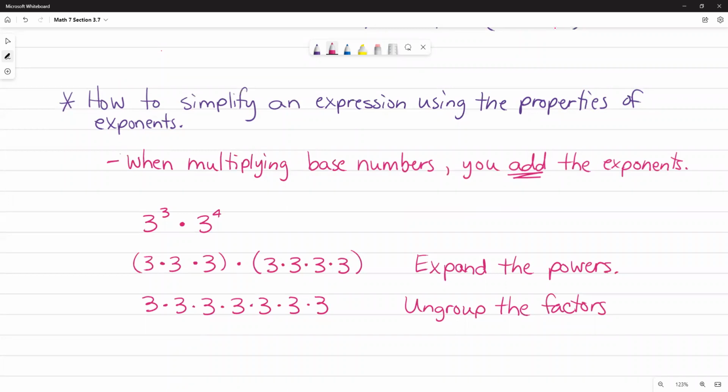So we can rewrite this as 3, and then how many times are we multiplying 3 times itself? Yep, 1, 2, 3, 4, 5, 6, 7. So our exponent is 7. So we rewrite the product in exponential form.